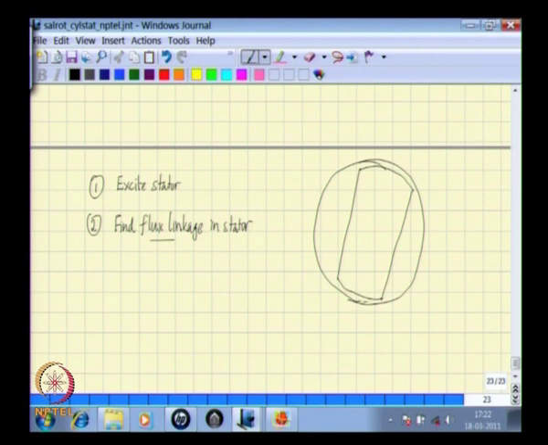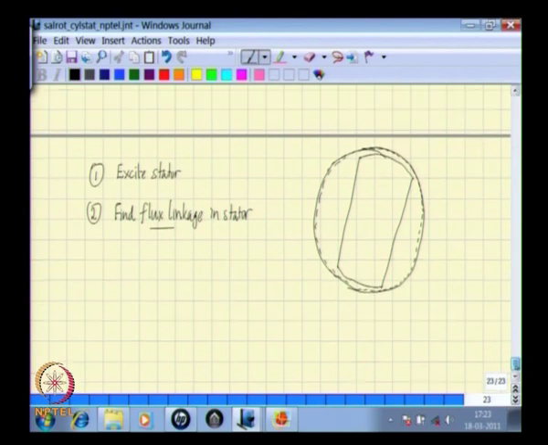As you travel around the inner circumference of the stator, the air gap length dramatically changes. As you approach the pole faces, the air gap is small. As you move away from the pole faces, the air gap is large, and that is the kind of varying air gap seen by the stator coil.